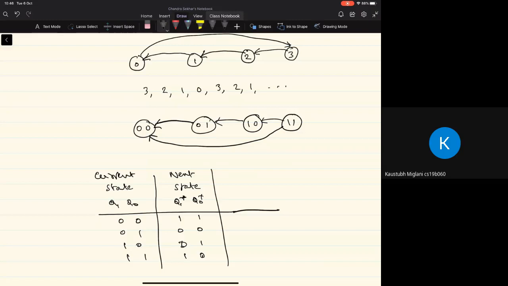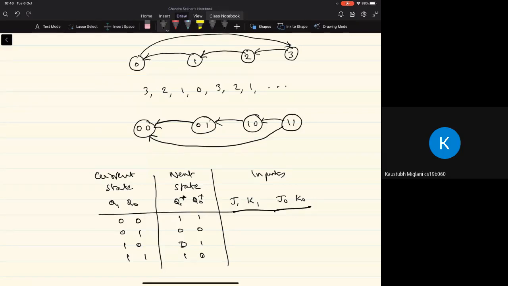Okay. Now what I want you to do is come up with the truth tables for J1, K1 and J0, K0, which will reflect these state transitions.